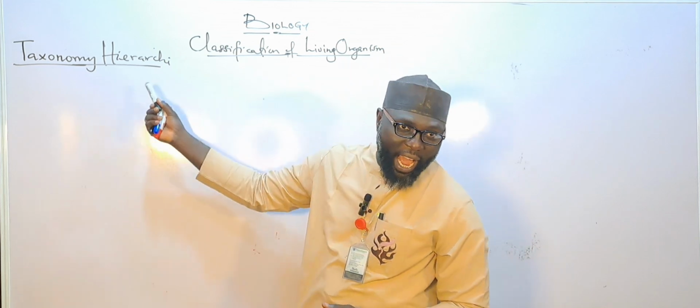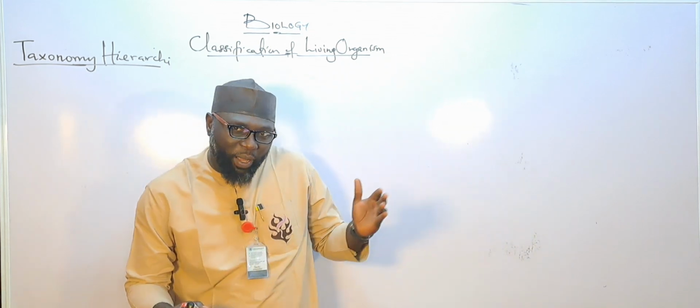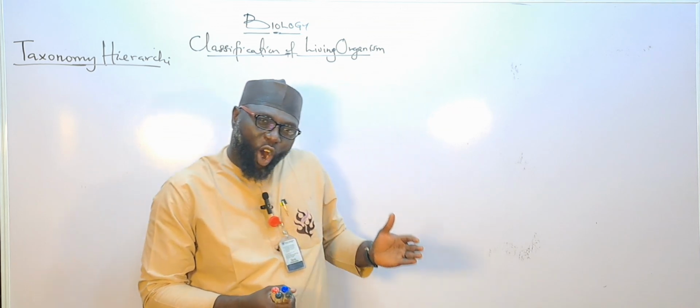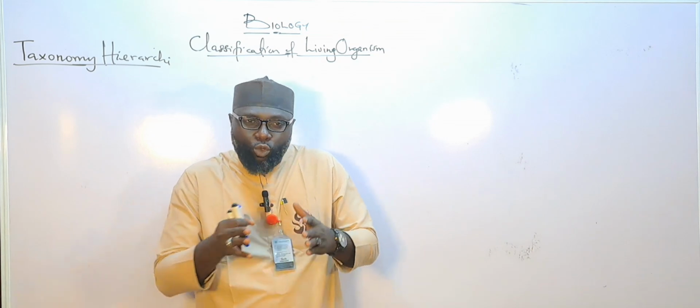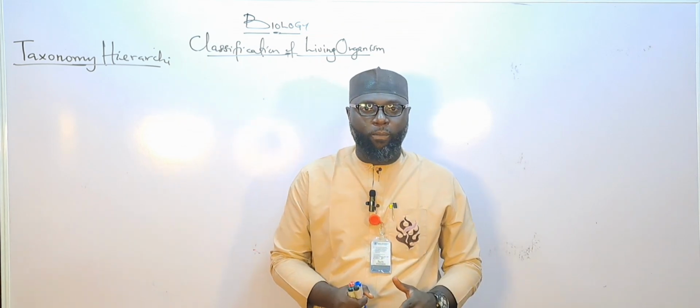So the taxonomy hierarchy can be defined as the arrangement of living organisms from higher level to lower level.